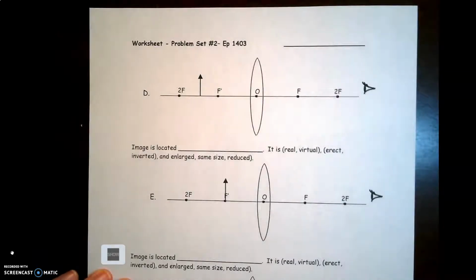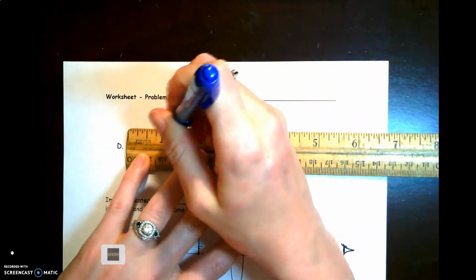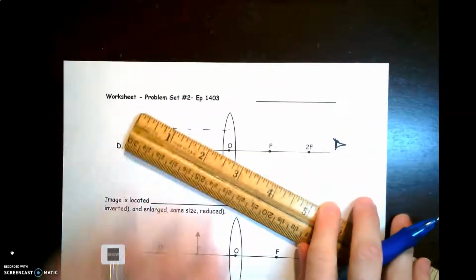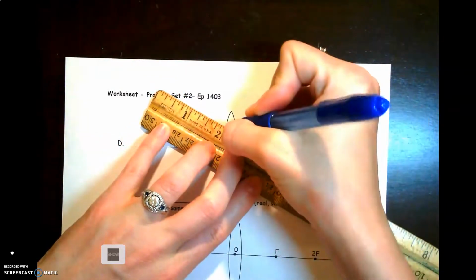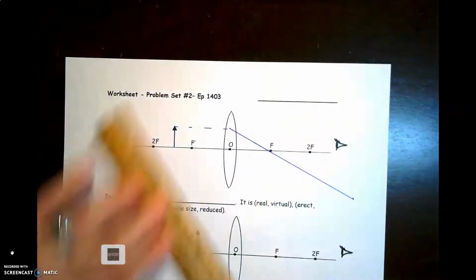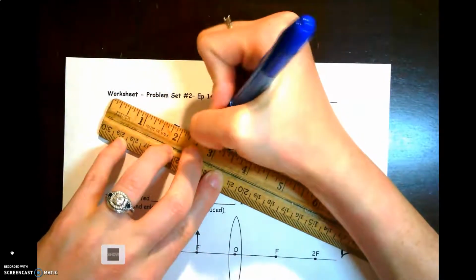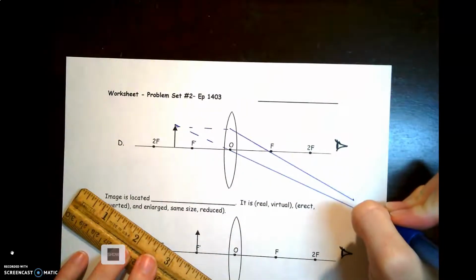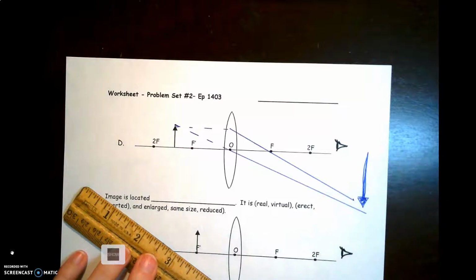Looking at D, we have the arrow here. We're going to go parallel to P. When we get to the middle of the lens, we stop, and it's going to go through F. Our second incident ray, we're going to go through O and then continue going straight. These lines will eventually converge somewhere over here, and that would be what the image would look like in that lens.